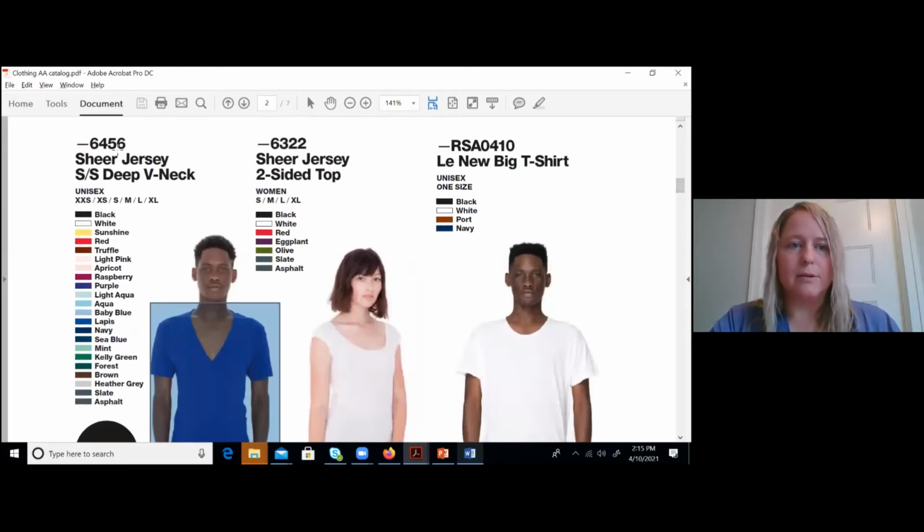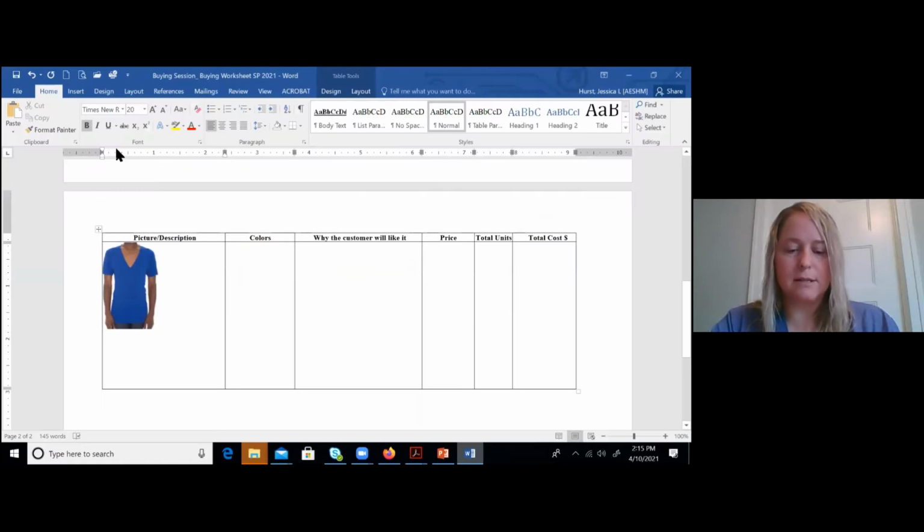And then you can type in all the information you want. So it's style 6456. Whatever information you want to put in there is completely up to you. It's going to depend on how much time we have. Obviously, if you're working for a company, you have a specific format to use.